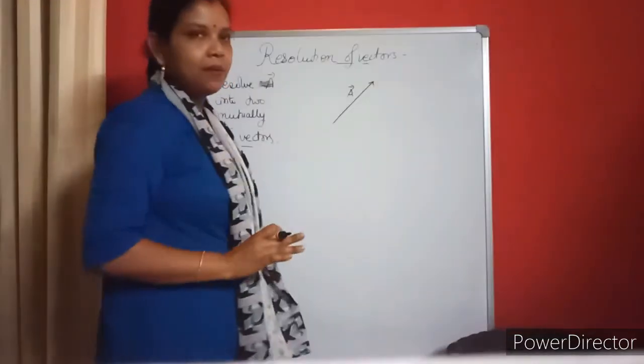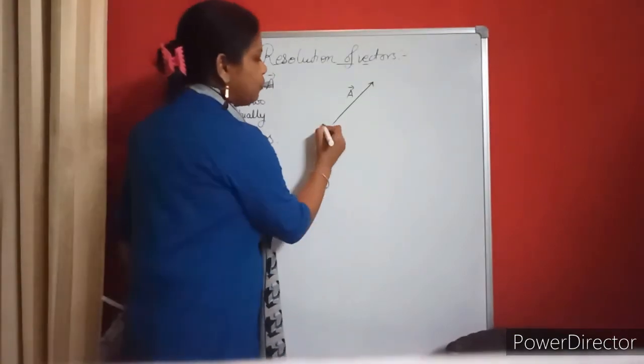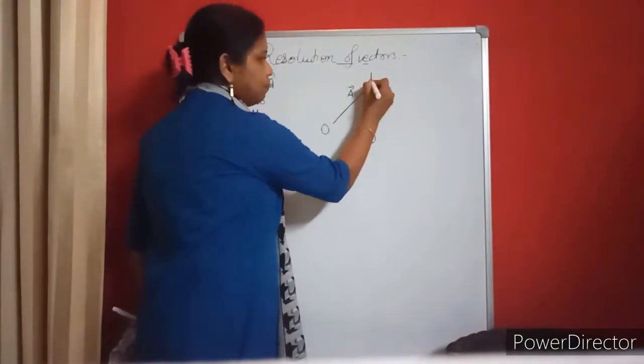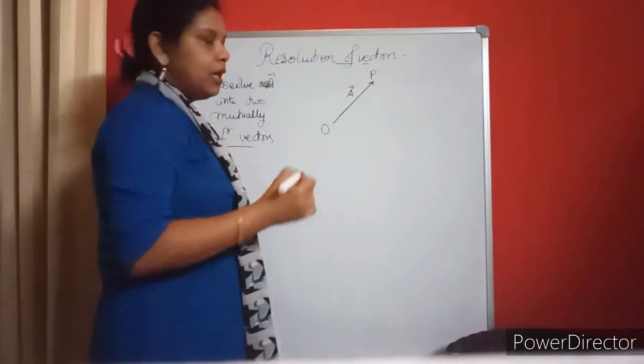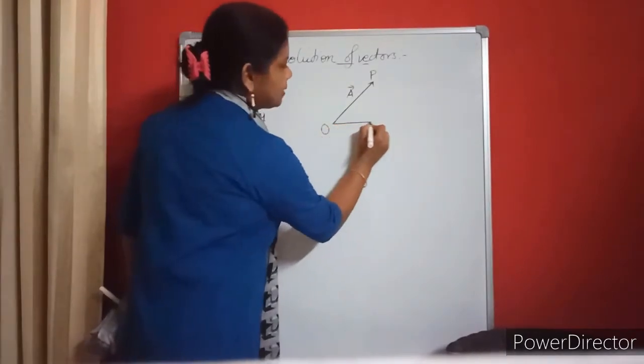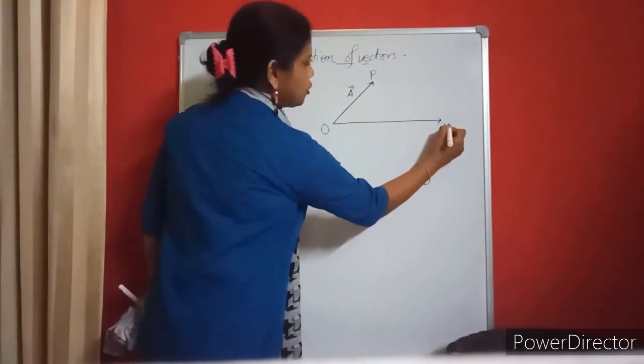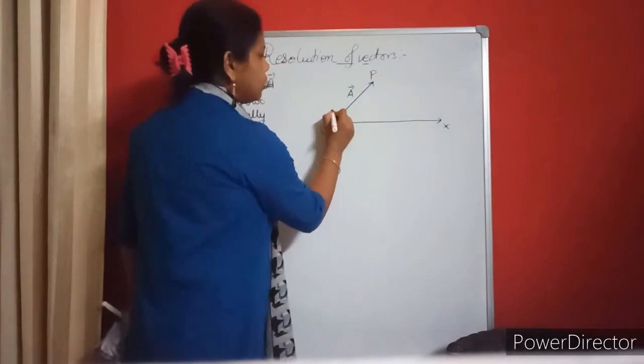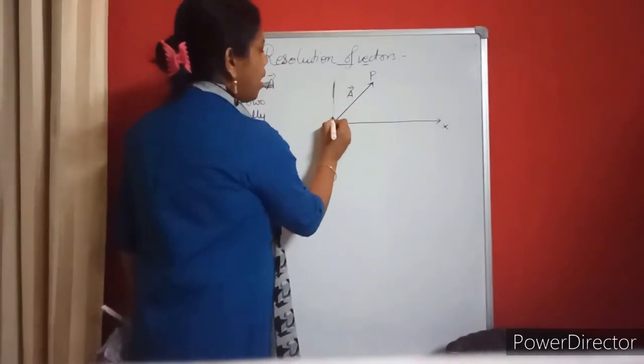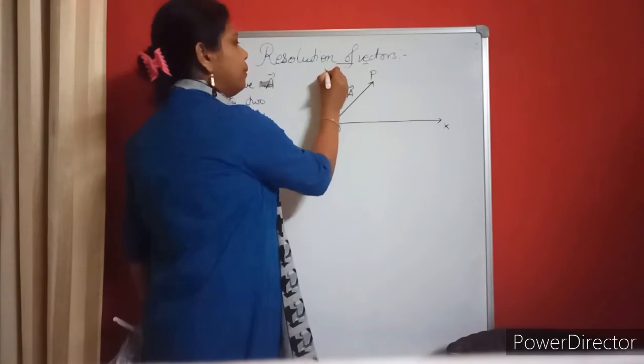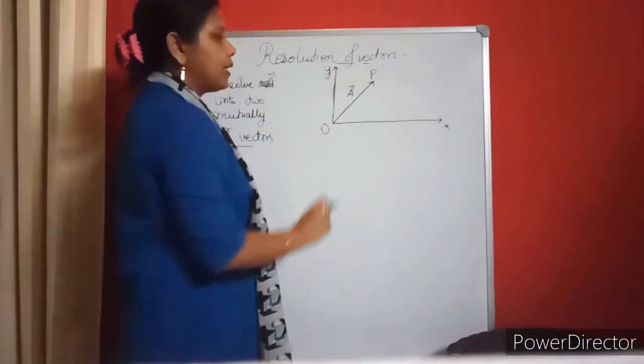See, if I draw in this way, suppose I say this to be O and this to be P, and consider this to be the x-axis, can I draw this to be my y-axis? Because if I need mutually perpendicular, then it should be x and y-axis.